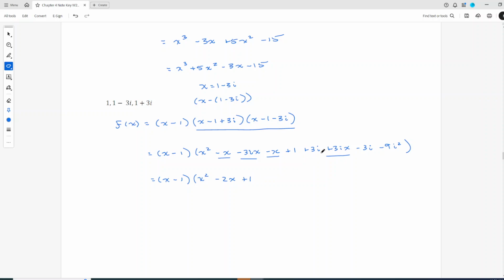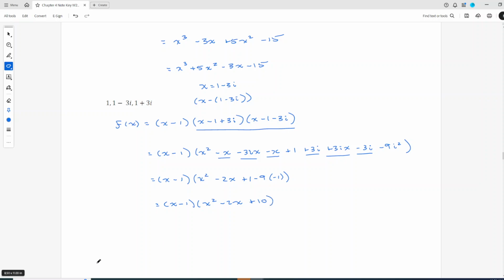I've got a plus 3i and a minus 3i. Then I've got this minus 9i squared. If you remember from the beginning of chapter 3, i squared is equivalent to negative 1. What happened? All of a sudden, when I multiplied these together, everything that made the answer imaginary canceled out. And I'm left with x minus 1 times x squared minus 2x, and then plus 1 plus 9 is plus 10.